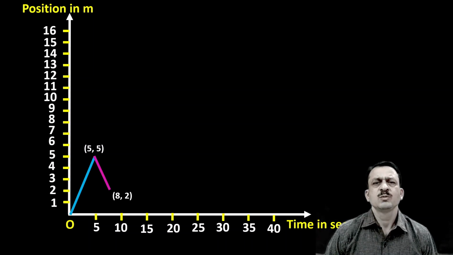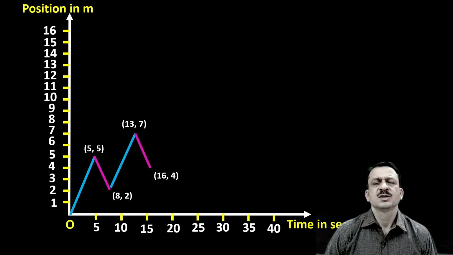Now in the next moment he moves further 5 steps forward as shown by that blue line. Now what are the position coordinates? 8 plus 5, it is 13, and the position is 2 plus 5, it is 7 meters. From that position he is stepping backward with 3 steps in 3 seconds.